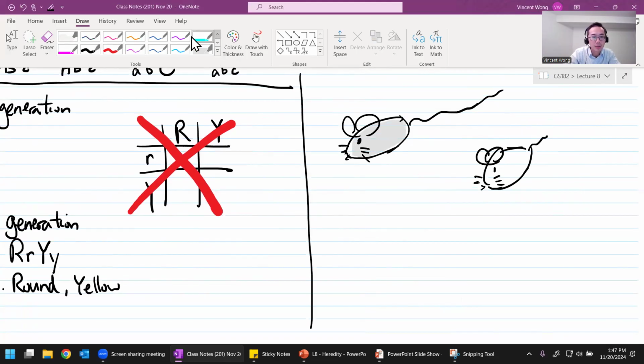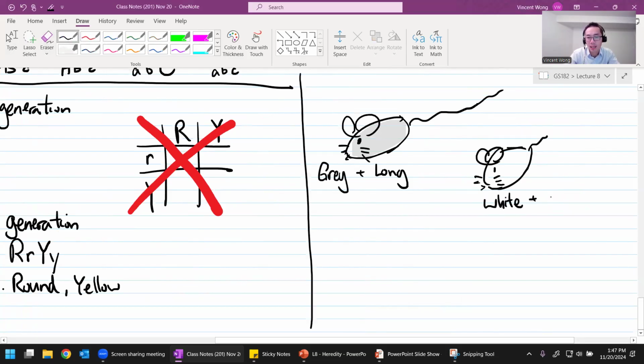So this one is gray and long tail. This one is white coat and short tail. Okay. They are both pure. This thing only works if the parents are pure.